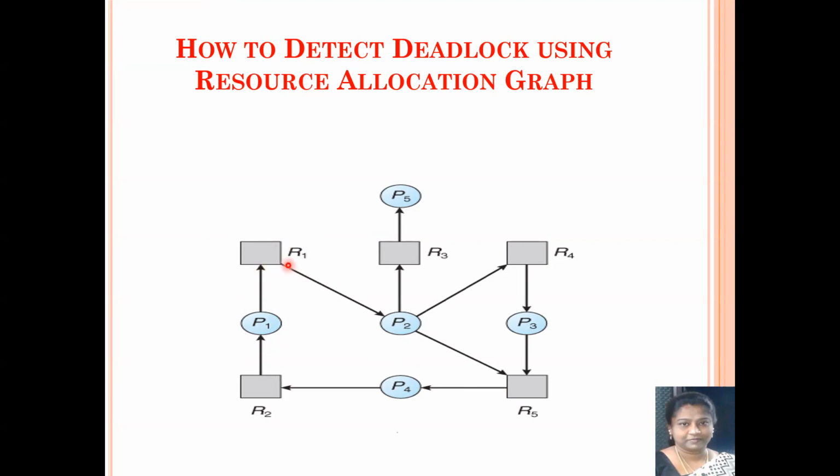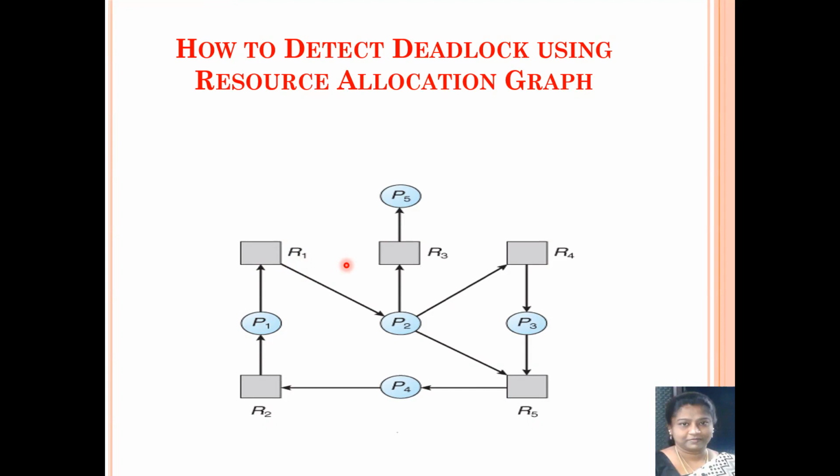That is, R1 could be a resource type. For example, it could be a magnetic tape, a magnetic disc, a flip-flop, or a CD or a DVD. So that is the type of resource. And this empty square represents that there is only one unit of that particular resource type.